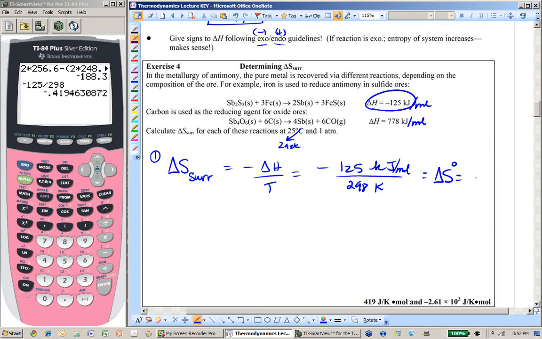And that's going to be a positive. Oh, I left that negative sign off. This value is negative. I knew it was supposed to be positive. How did I know it was supposed to be positive? It's kind of hard to eyeball this one because everything's in the solid phase, but positive 419, is that what I got? Yeah, 419 joules per Kelvin mole.